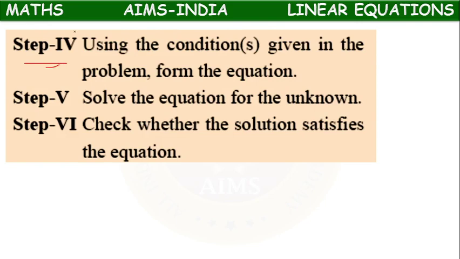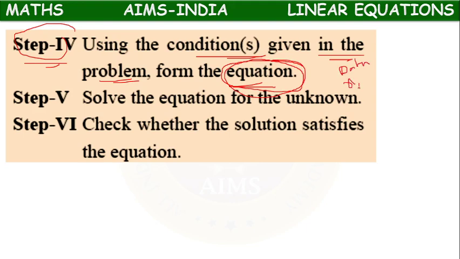Step 4, using the conditions given in the problem, we have to form the equation. Whatever normal statements are there, that is to be written in the form of an equation with the help of given data and the variables we have taken.